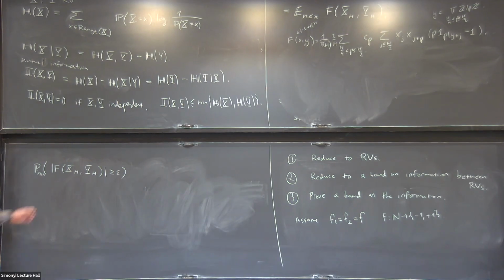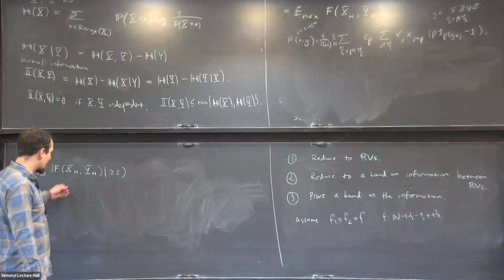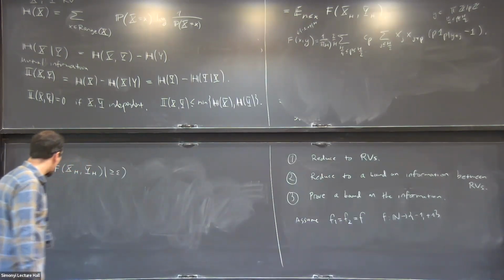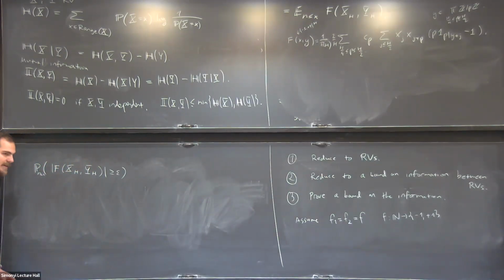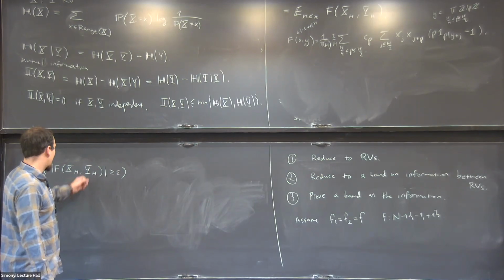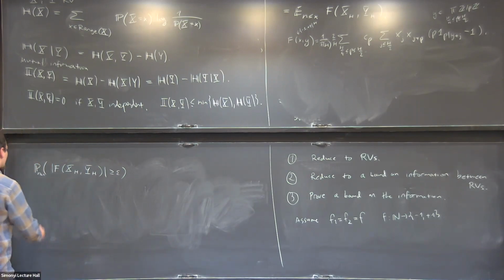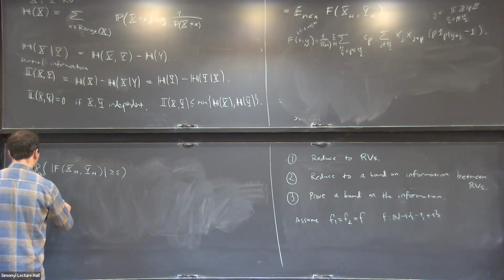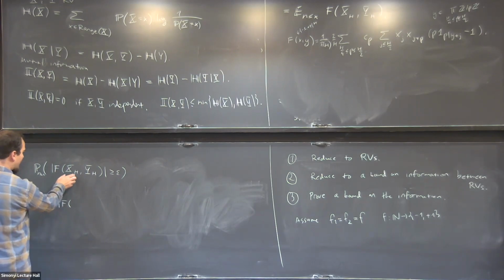So if we can bound the probability that this is bigger than epsilon by epsilon, well, we want to bound this in terms of the information, like over there in claim 1. But it's difficult to do it directly because we don't really know how x and y interact. So let's instead initially look at the probability if you fix x_h.